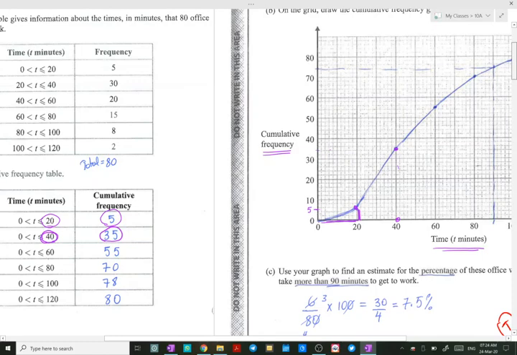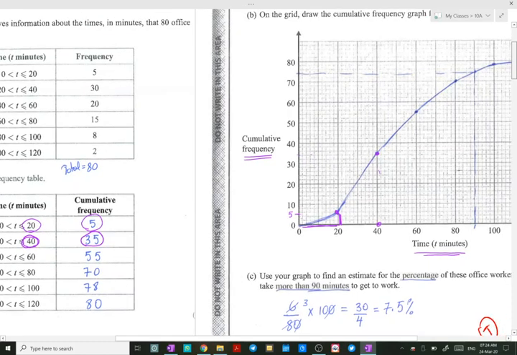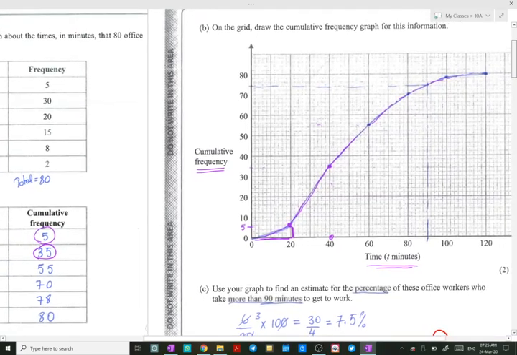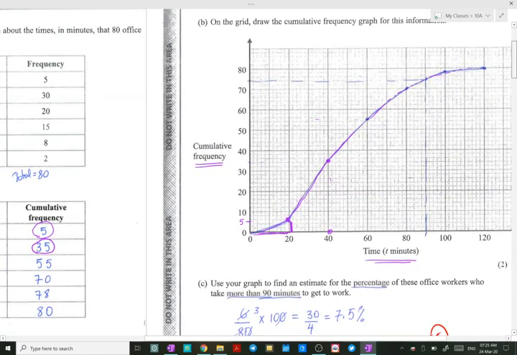And then 55 and 60, so 60 for the time and for the cumulative frequency is 55, and so on. After you draw your points, you have to connect them in a smooth line like this one in order to draw the graph of the cumulative frequency.